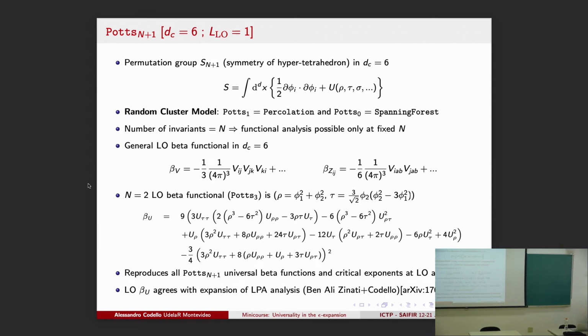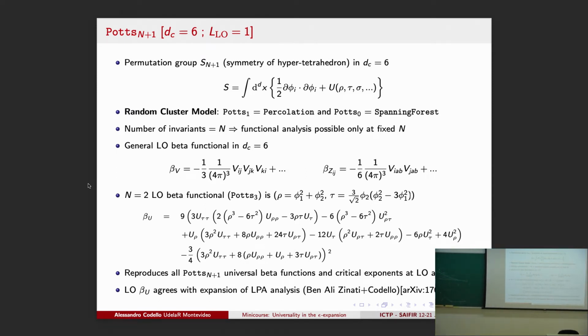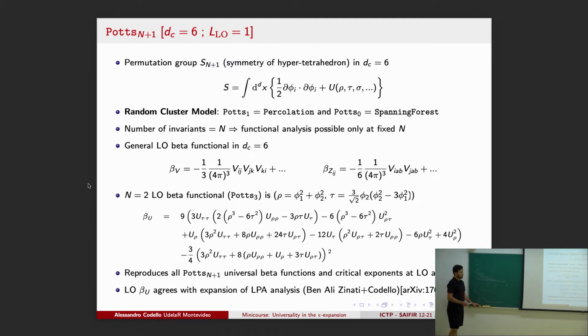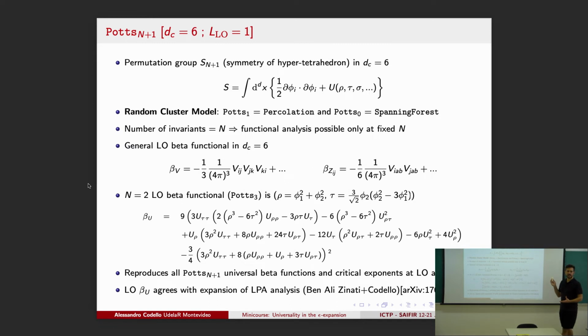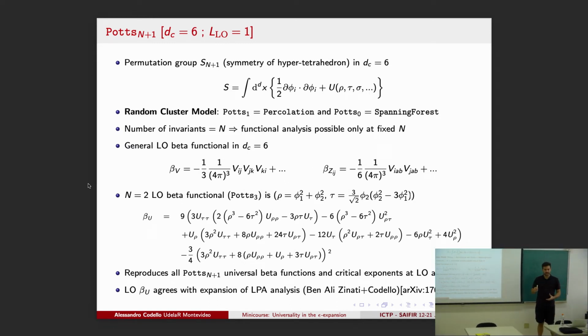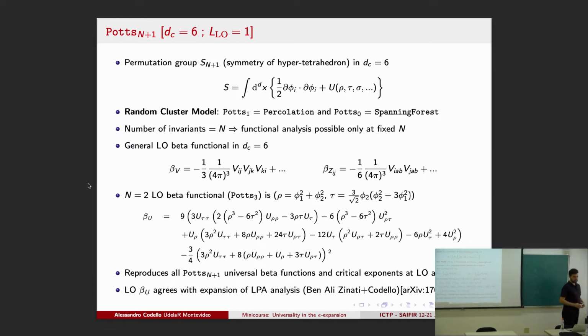Now, what we're going to do, as I said before, there are two ways of thinking. We can either fix the symmetry and explore all the possible symmetries. So we can start from the most general symmetry, which is ON, and then go to the finite subgroups. Since ON is the maximal symmetry for our universality classes, because it's the symmetry of the kinetic term, then if there are lower symmetries, they must be subgroups of ON.